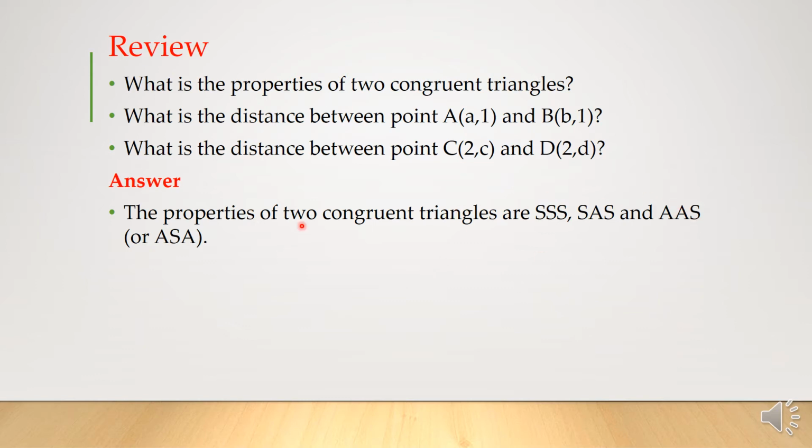This part and this part are the same, but for the Cambridge textbook we focus on this part, ASA, okay? But if you have AAS, it means you have two pairs of angles equal, so the third angle also equal, because in a triangle the sum is 180 degrees, okay?